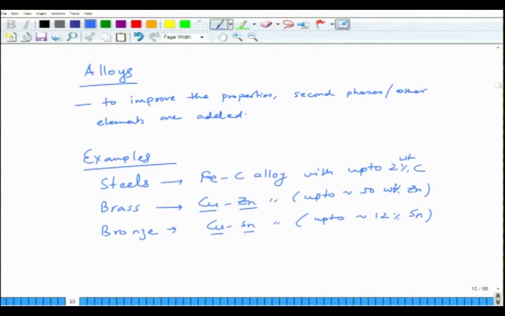Okay. So, the question is, what is the structure that the eventual alloy is going to take? Are there any guidelines?